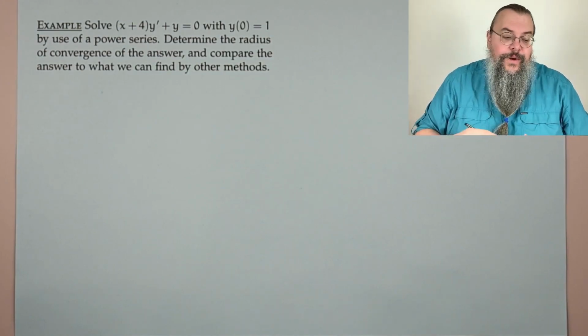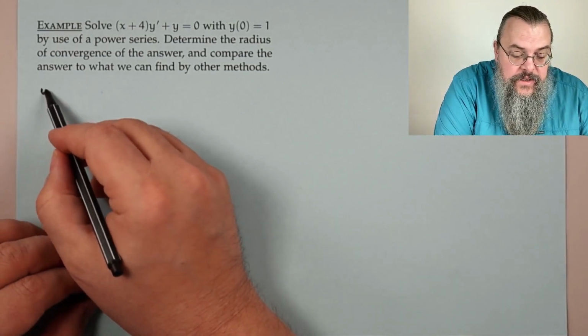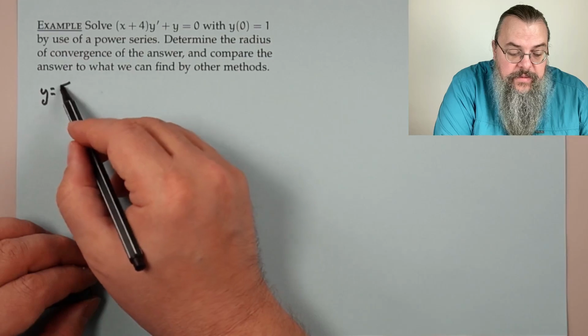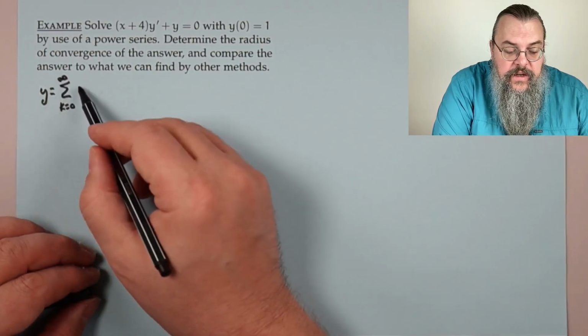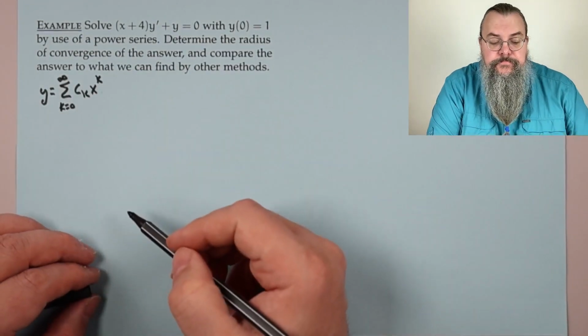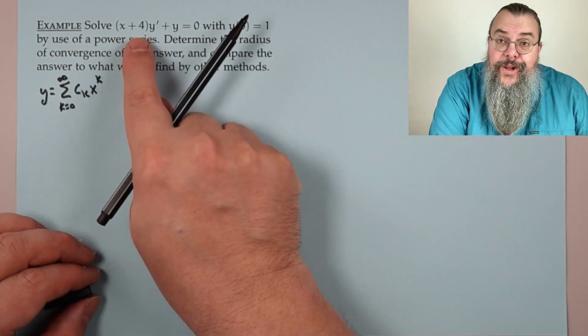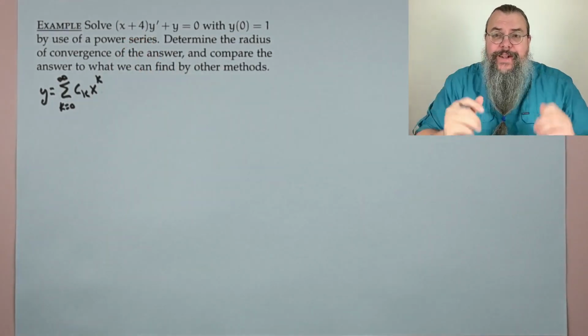So we'll go in order. So solve x plus 4 y prime plus y equals 0 by use of power series. Well, so what does that say? We start off by saying our answer is going to look like the summation k equals 0 to infinity of c_k x to the k. Now, we're going to take this x plus 4 y prime, we're going to actually expand it.